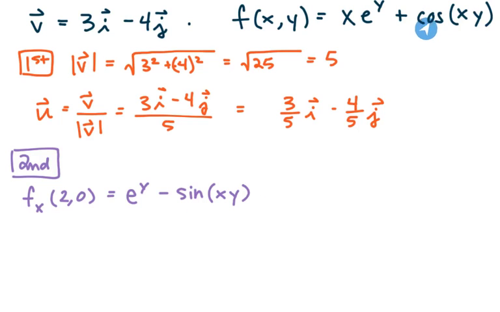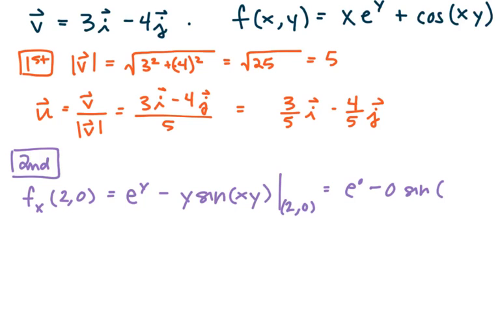I'm not done taking the derivative because I have to use the chain rule here. So the derivative of the inside is just going to be, we've got x times y, so I prefer to have that y at the front. So I'm going to say minus y sine of x y. And we need to evaluate that at the ordered pair 2, 0. So that is e to the 0 minus 0 times the sine of 0 times 2, which, e to the 0 is just 1.